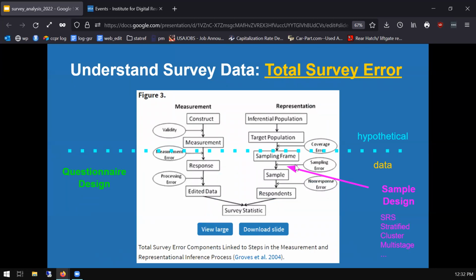Sampling weights would try to adjust for this mismatch between your sample selection, people in your database of addresses versus the 50 people you select. And then non-response weights would be adjusting for this mismatch. Even though you selected 50 people, you send out 50 surveys to them, but only 20 people respond.